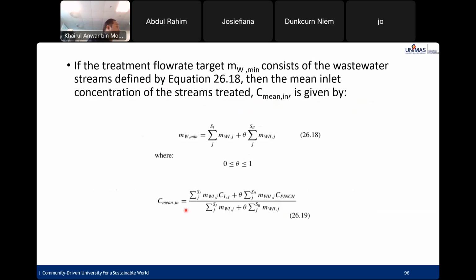So C mean in equal to water flow rate for group 1, all the stream, times concentration for group 1, plus partial of water flow rate for group 2 times C pinch, because group 2 concentration is equal to the pinch concentration, over water flow rate group 1 plus partial water flow rate.